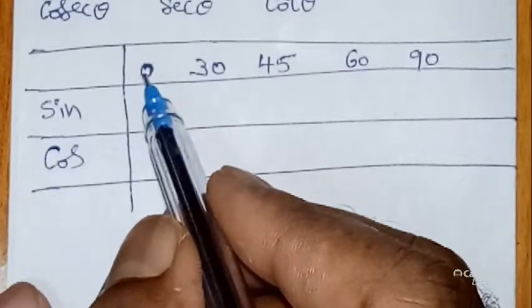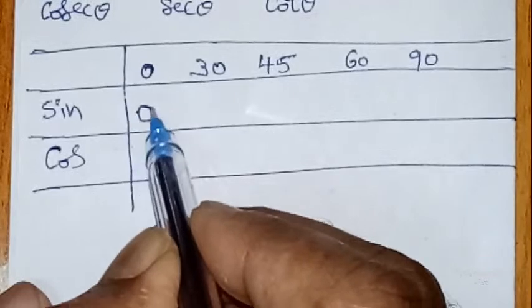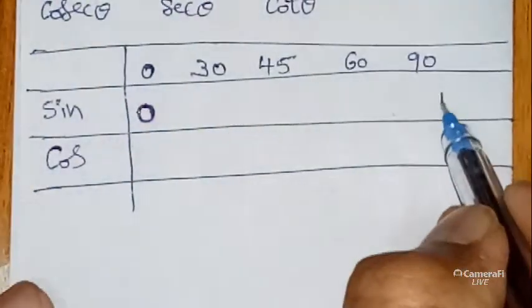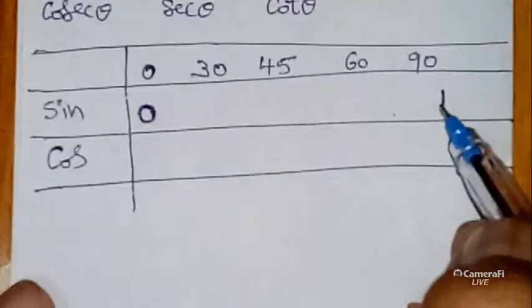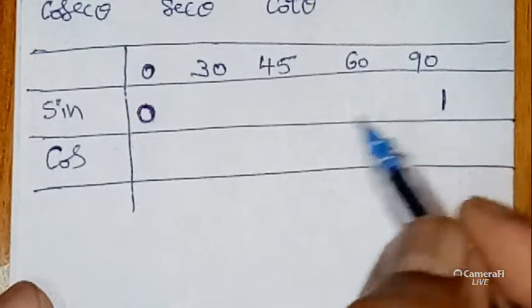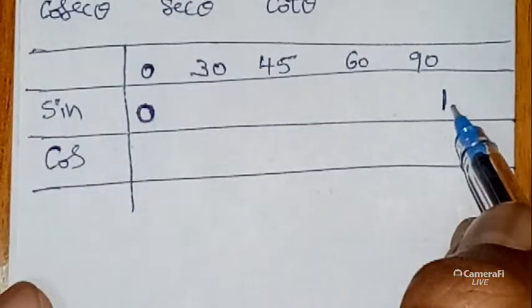Sine 0 value: to get sine 0, the starting number is 0, and the next number is 1, which I am writing near 90. Sine 0 is 0, sine 90 is 1.